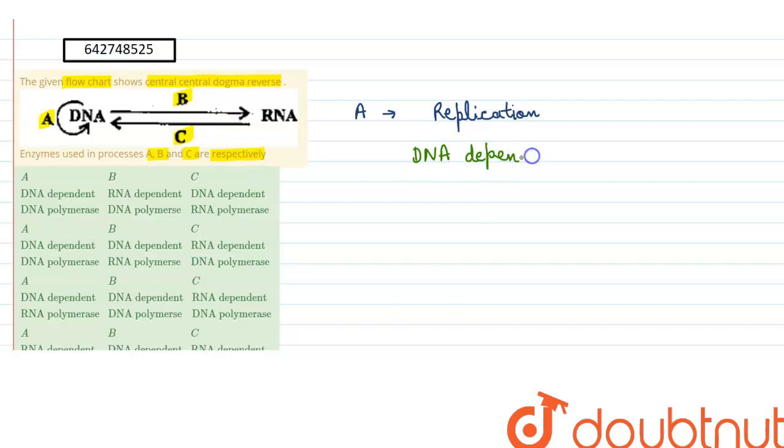Why DNA dependent? Because the replication is occurring on the pre-existing DNA template, right? Therefore it is DNA dependent, and because it is creating a new strand which is of DNA only, it is DNA polymerase. So the A enzyme would be DNA dependent DNA polymerase.